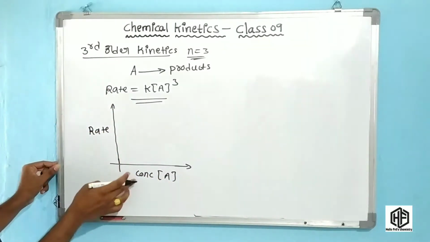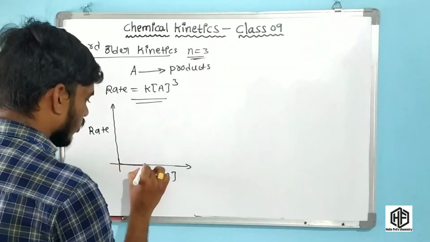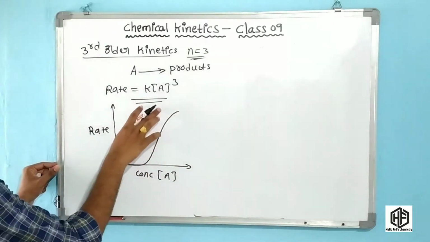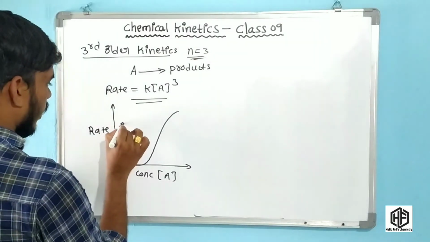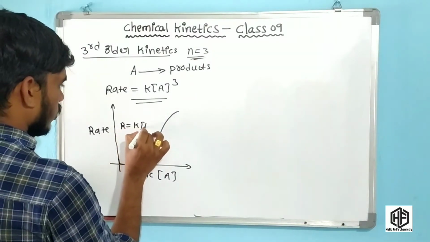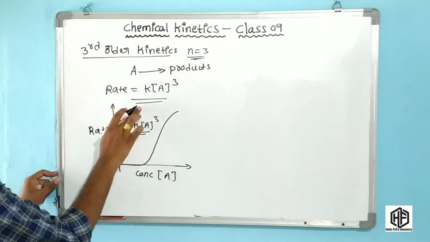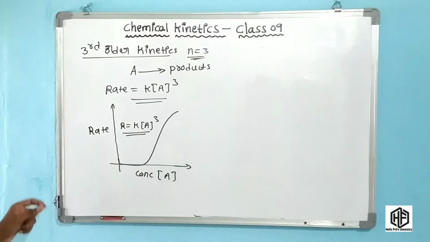Now the graph is like this, similar to a y equals x square graph, and this is the rate R is equal to K into concentration of A power 3.